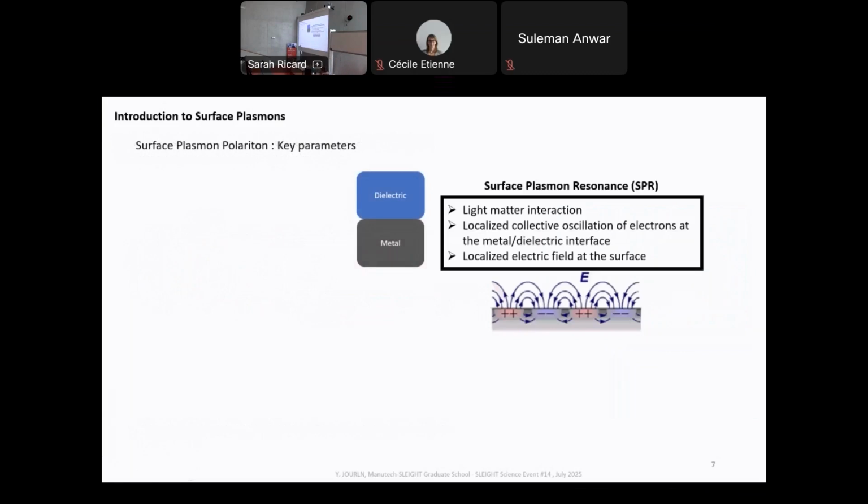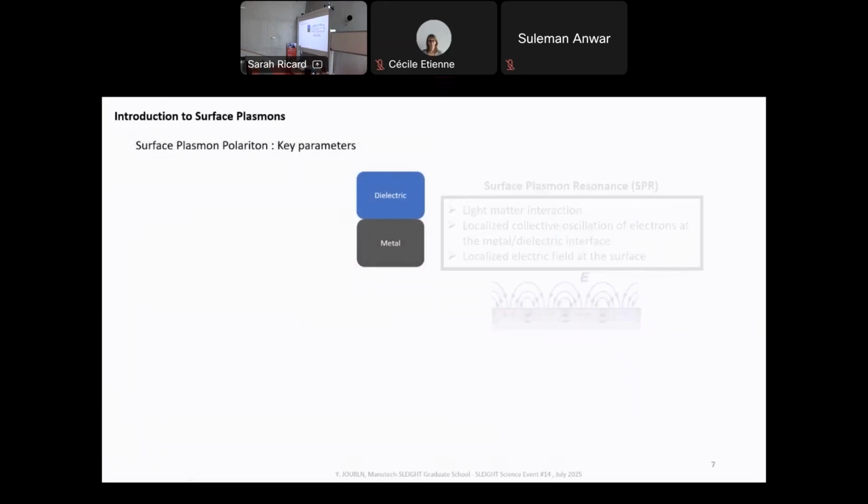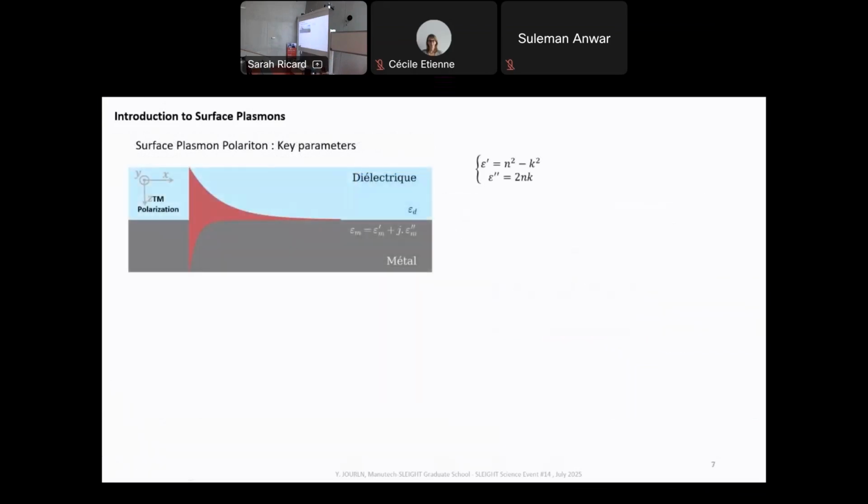It is a localized collective oscillation of electrons, which gives rise to a surface wave, and there are key parameters we define, and they are very important for sensing. It is the condition on the permittivity. The permittivity of the metal must be negative, and its magnitude must be higher than the permittivity of the dielectric medium. And in this case, we can consider a surface plasmon with this propagation constant.